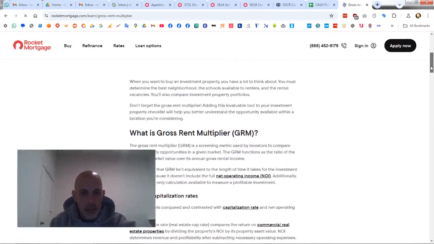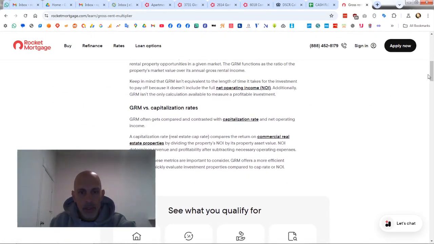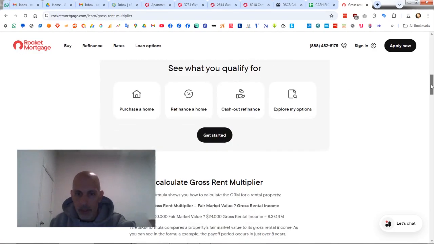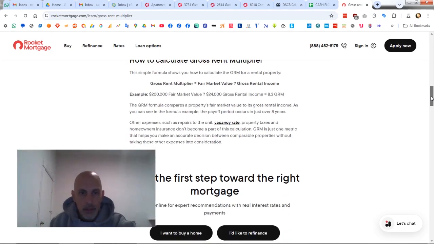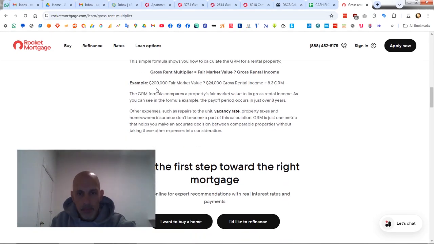Rocket Mortgage does not worry about net operating income. It just looks at gross rents. So gross rent multiplier, fair market value, gross rental income. That question mark is a divided by sign.